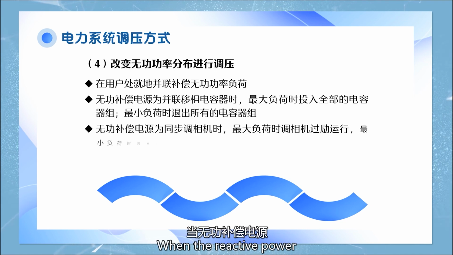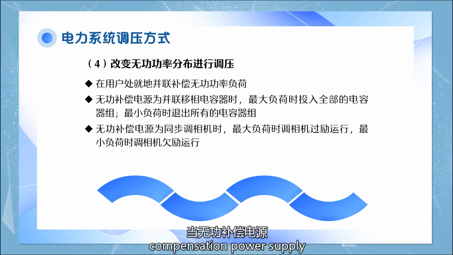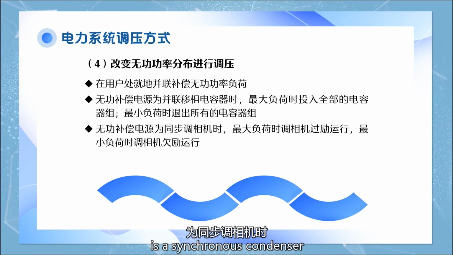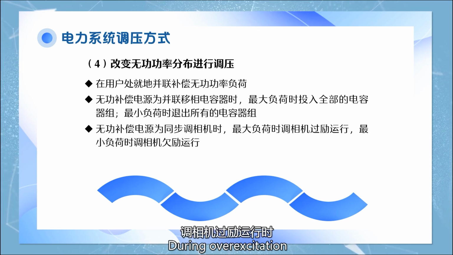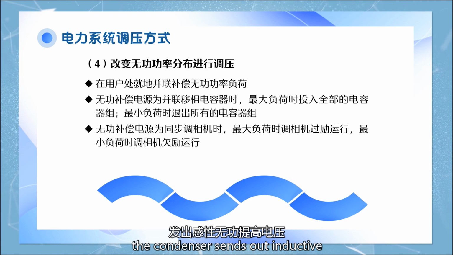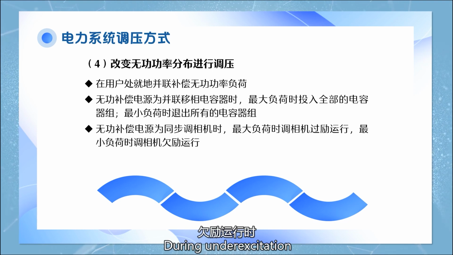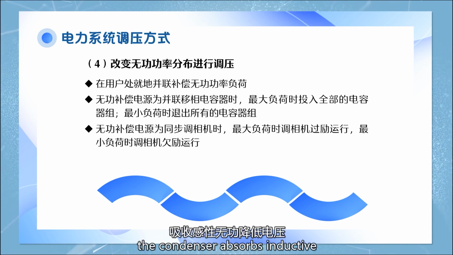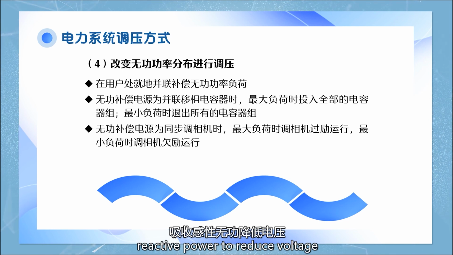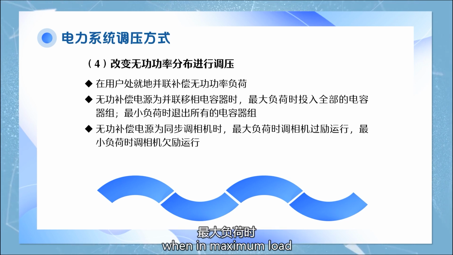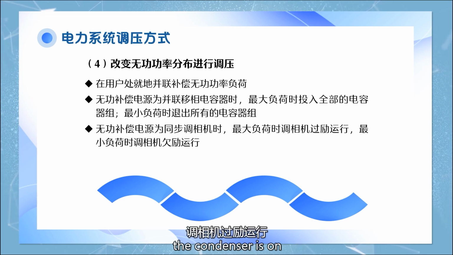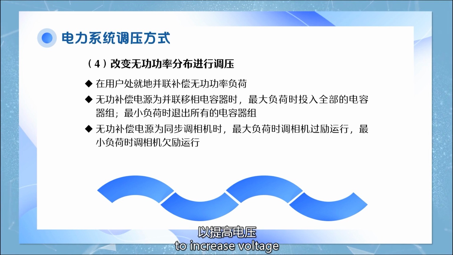When the reactive power compensation source is a synchronous condenser, during overexcitation the condenser sends out reactive power to increase voltage. During underexcitation, the condenser absorbs reactive power to reduce voltage. Therefore, at maximum load, the condenser is in overexcitation operation to increase voltage.